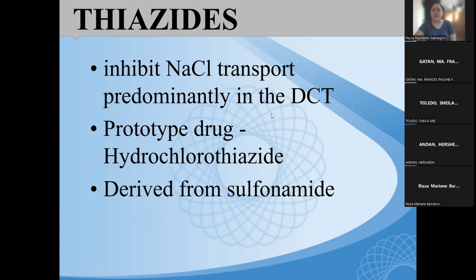Actually, thiazide diuretics were discovered due to an attempt to make another drug coming from CAIs, carbonic anhydrase inhibitors. Since the carbonic anhydrase inhibitor has self-limiting diuretic activity, they attempted to make another one, but they patterned the structure to CAIs. That is why both CAIs and thiazide diuretics are still sulfonamide derivatives.